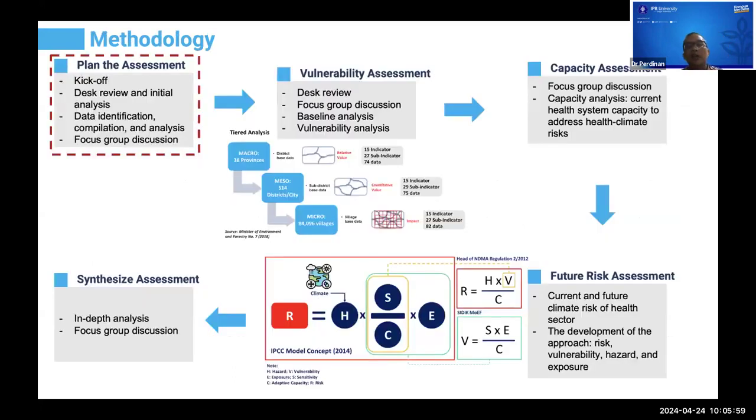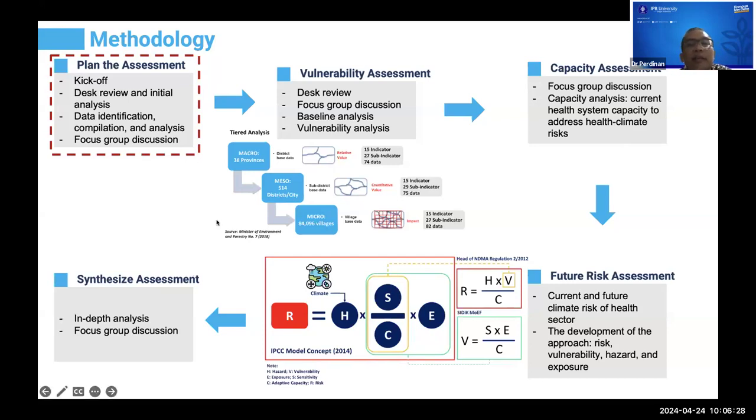So this is the methodology. There are many steps. We plan the assessment, and then we conduct the vulnerability assessment, capacity assessment, and future risk assessment, and then we do it in detail using the mathematical formula that we created on the basis of the IPCC model concept of risk, and then we synthesize the assessment. Everything is already explained by Carlos.